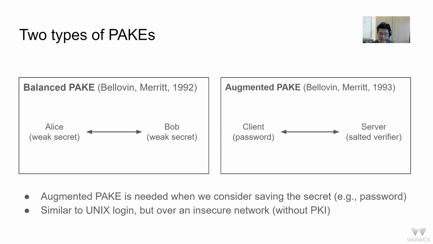The idea is similar to Unix login. The user supplies a password, and a one-way transformation of this password is stored on the computer. However, the difference here is that the login is not done on the local computer, but over an insecure network. And this is done without a PKI.